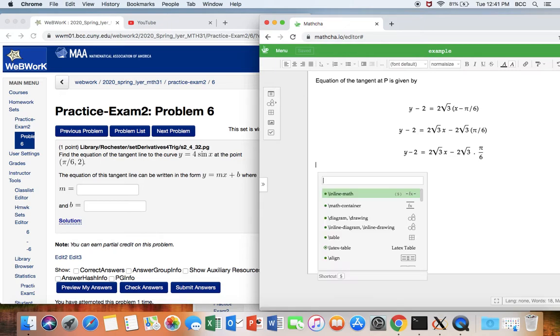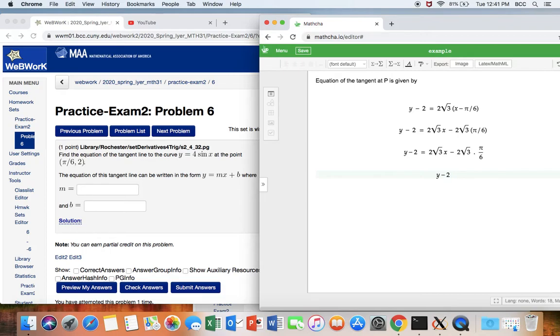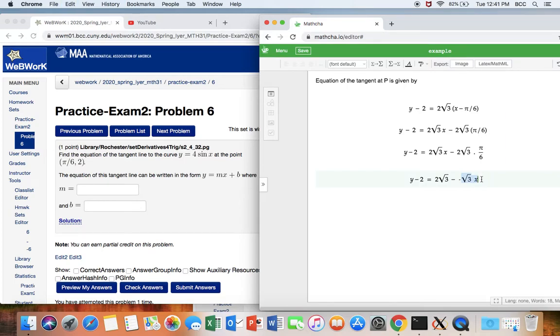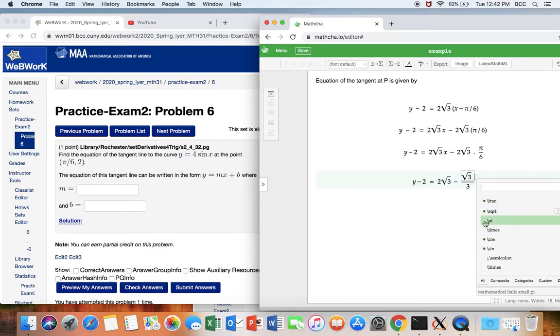So I can simplify this some more, and I say y minus 2 equals 2 square root 3 times x minus, when I reduce the 2 in the 6, all I get upstairs is square root 3, and that's a fraction. 2 reduces 6 3 times, square root 3 pi stays above, and denominator is a 3. I hope you see that.